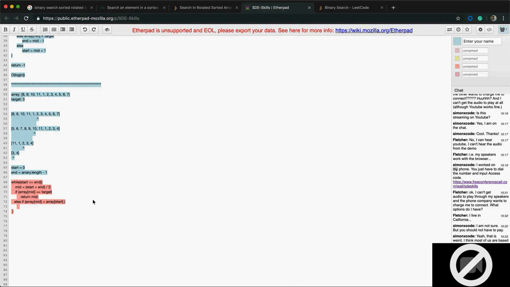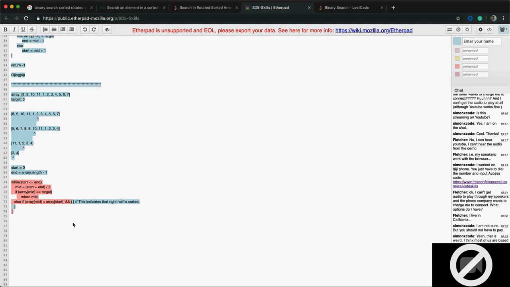Let me write a comment here for simplicity: this indicates that the right half is sorted. Then we also need to make sure that the target we are trying to search is in that right half.